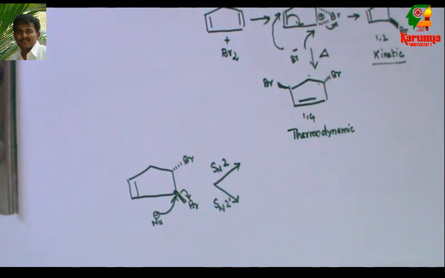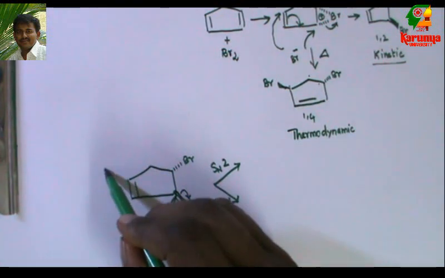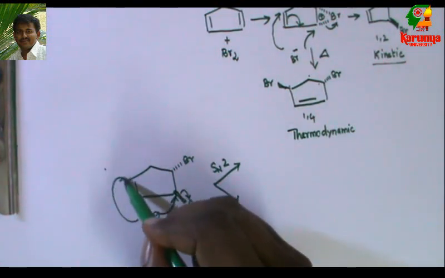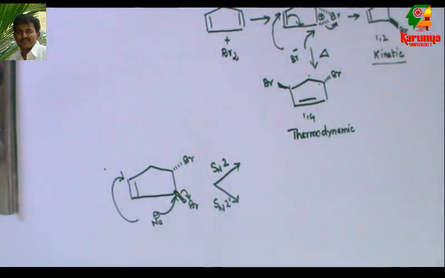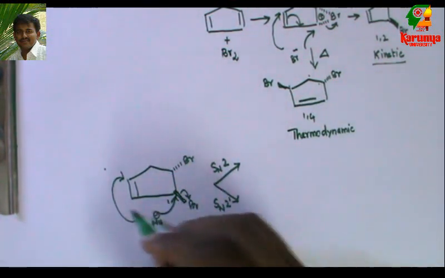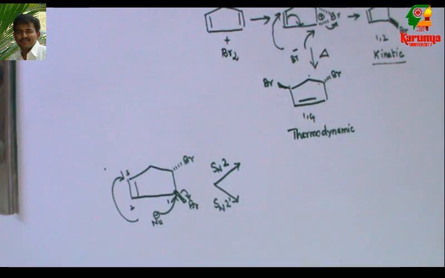In SN2 prime, the nucleophile attacks the third carbon. 1, 2, 3. This kind of SN2 prime is very well known with allylic system. In this case, the nucleophile attacks the sp2 carbon.